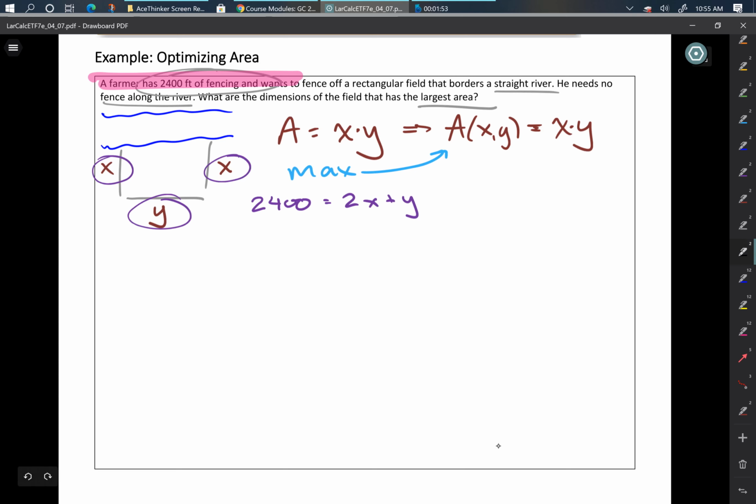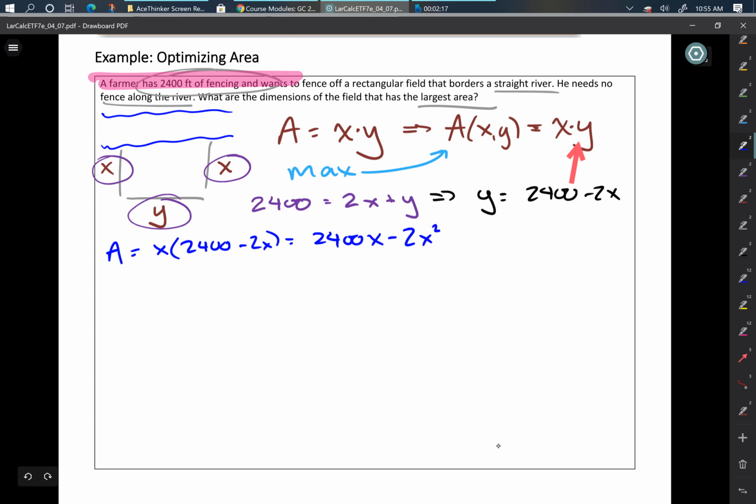The most obvious way would be to solve this for y and say that y is equal to 2,400 minus 2x, and then do a substitution right there. And then we're going to get the area function A is equal to x times (2,400 minus 2x), or if you prefer, 2,400x minus 2x squared.